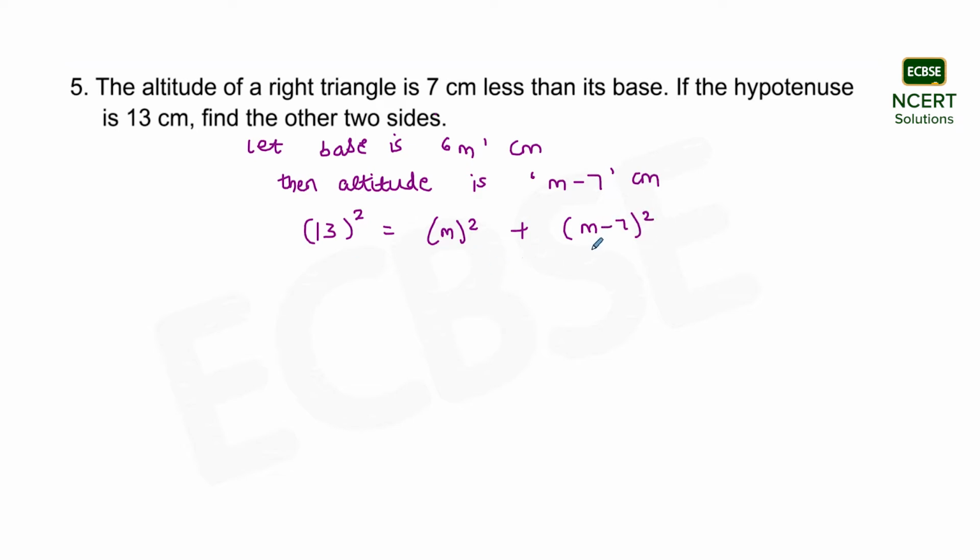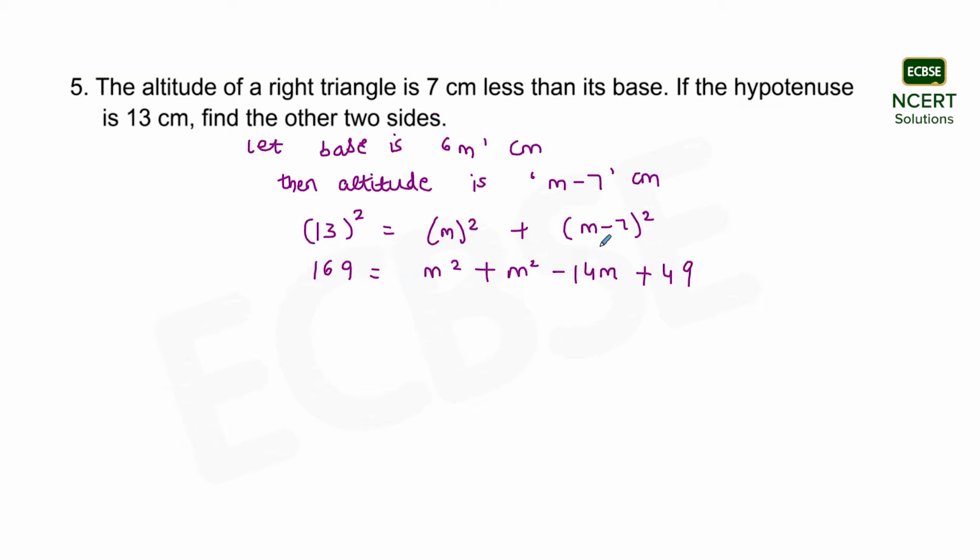Now using the identity (a minus b) whole square, which is equal to a square plus b square minus 2ab, and in this case m is a and b is 7, we will get 169 is equal to m square plus m square minus 14m plus 49.